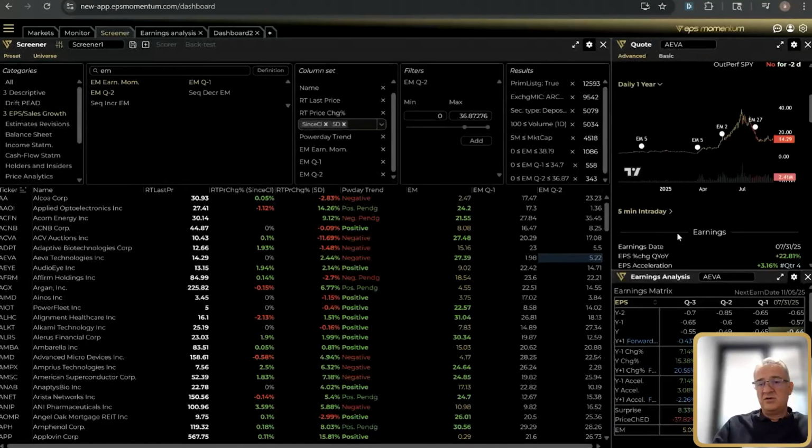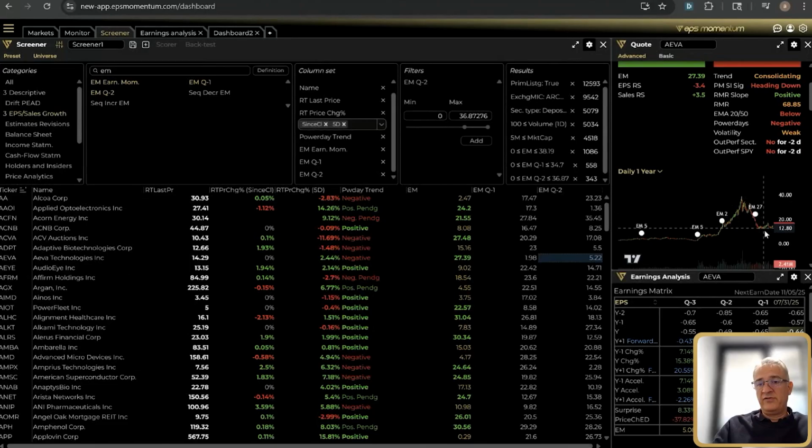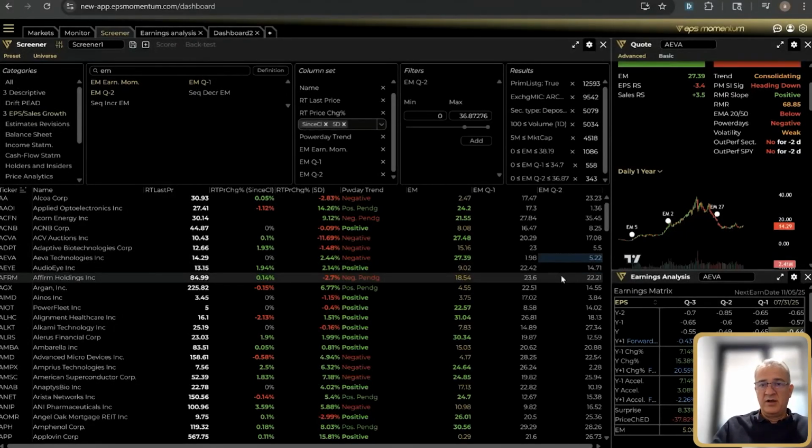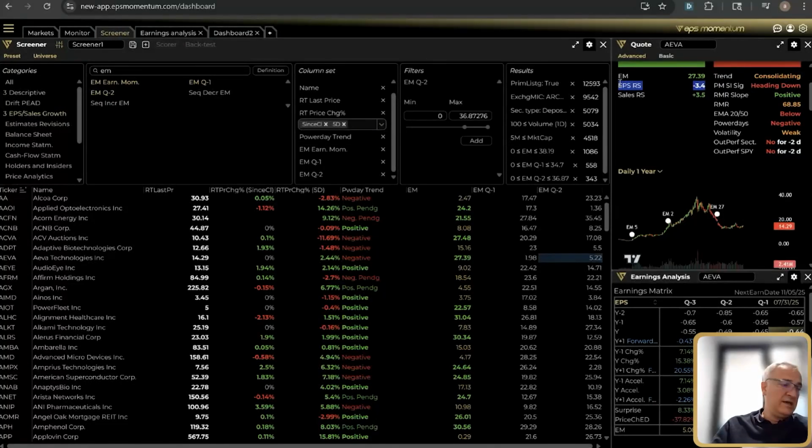If I look at the chart over time, the chart is kind of dropping a little bit here, but that's because of this stock, right? And I'll show you in a second why it's dropping. You actually have a negative revision score, which is clearly one of the things the market is looking at, and hence the stock dropping, right?